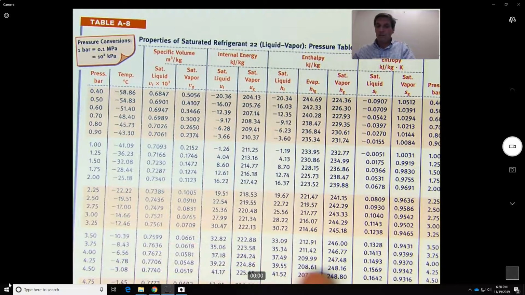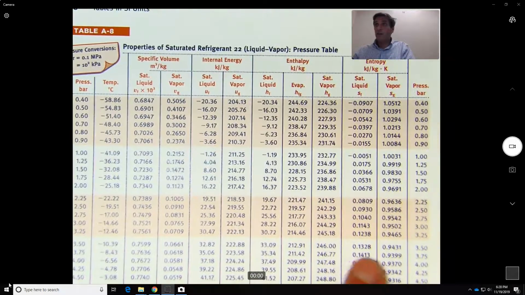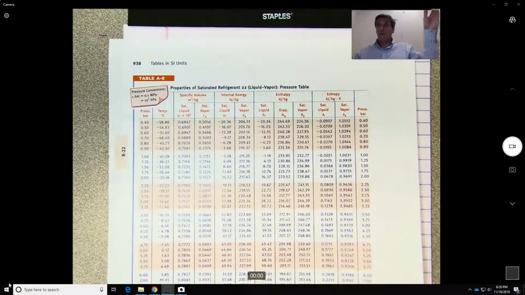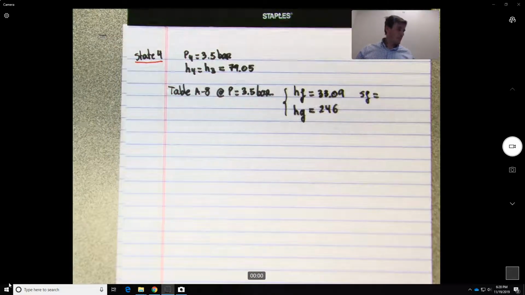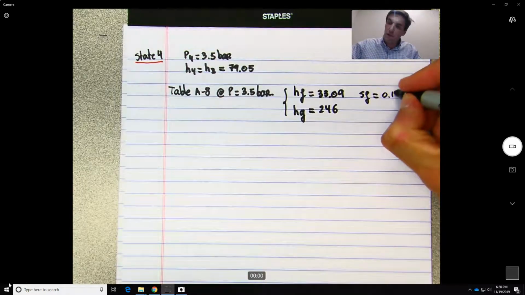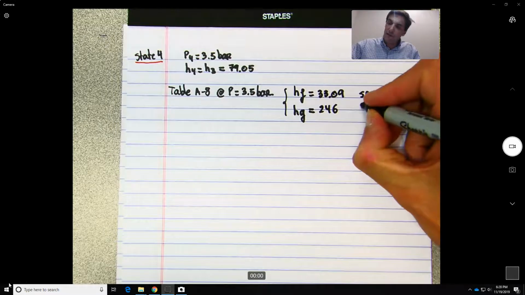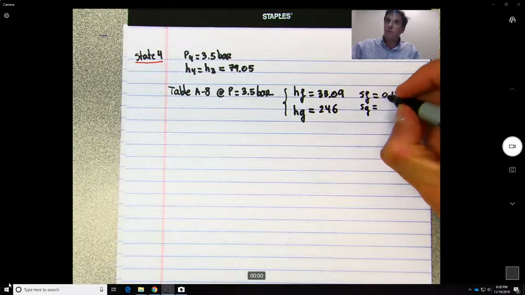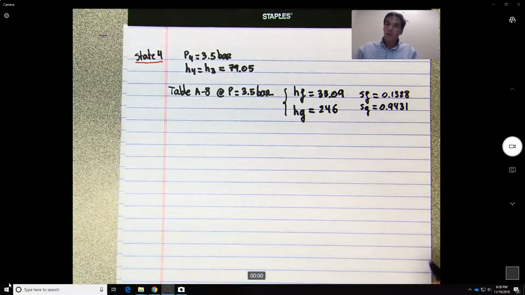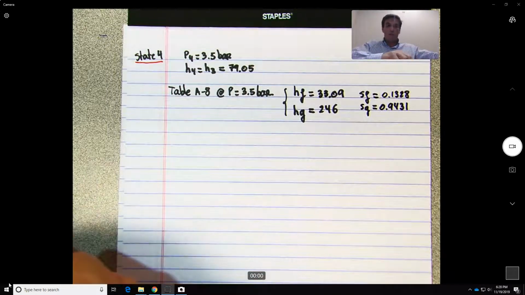So we are along this line, 0.1328, 0.9431. Okay, so what do we find out over here?